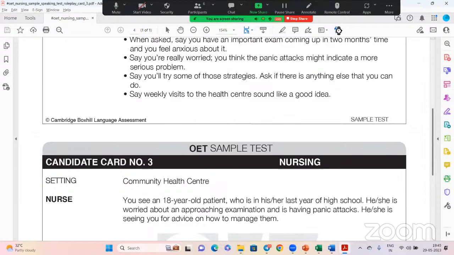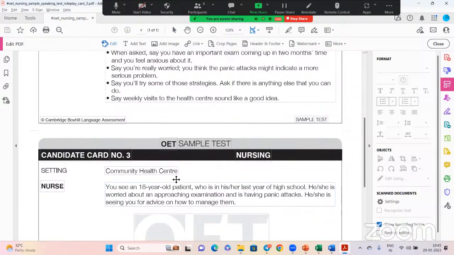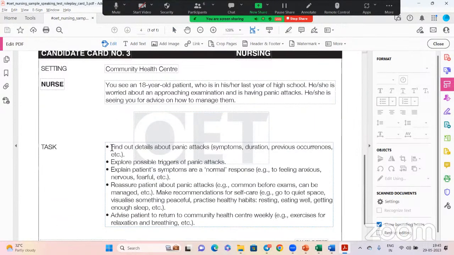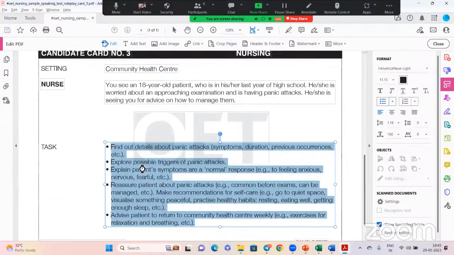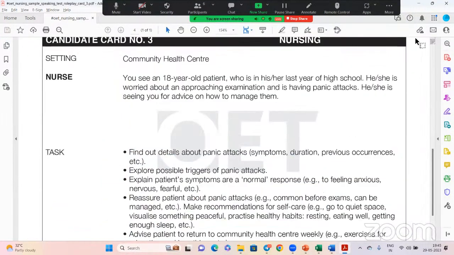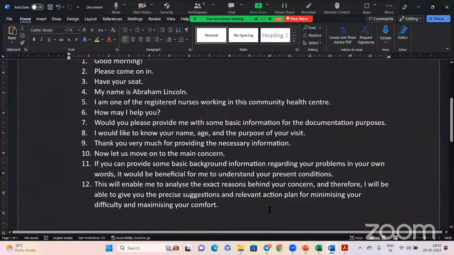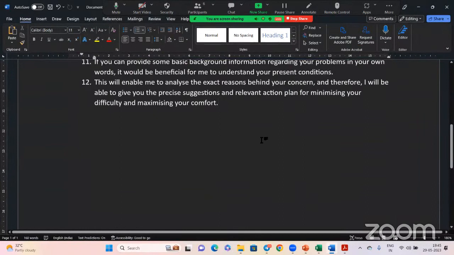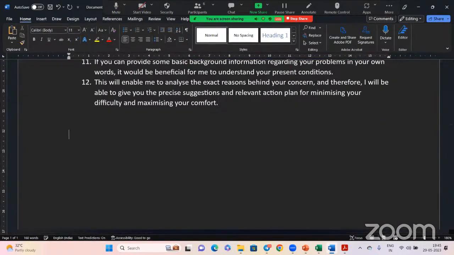Yes, these are the 5 points now. So the introduction is over. Then the main course.